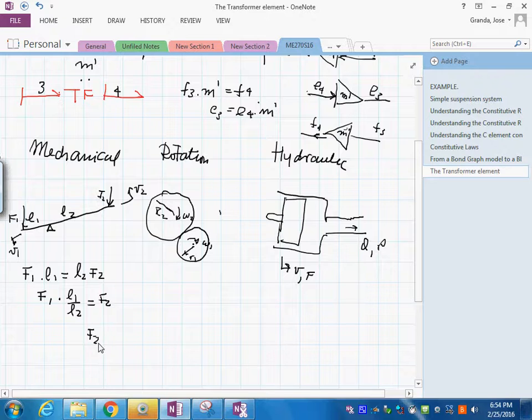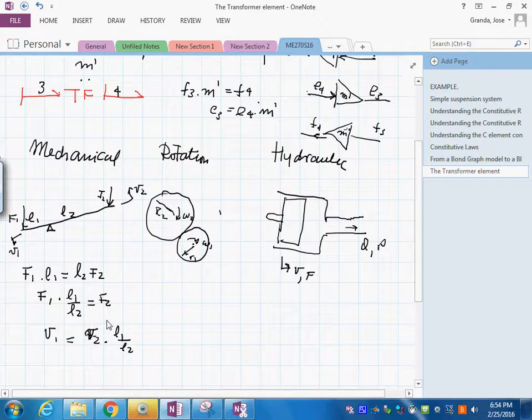Same thing over here. You have the common velocity, which is omega 1 times r1, but the velocity is also omega 2 times r sub 2.